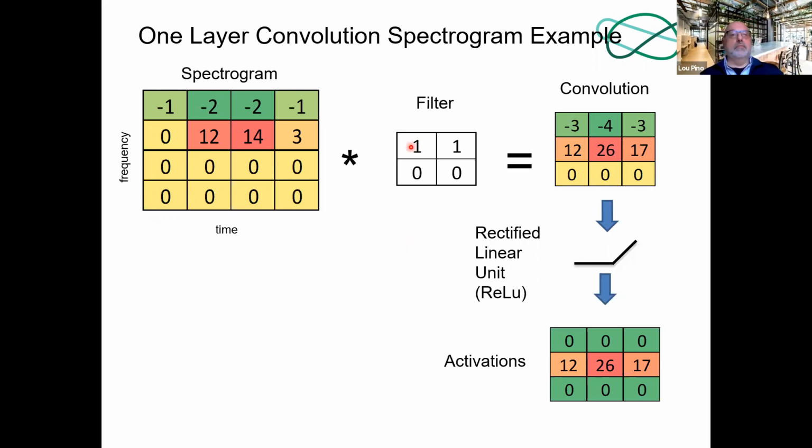What's done in convolution is I place the filter at the starting point, the top left corner. Then I multiply and add up the results. So -1 times 1 plus -2 times 1 plus 0 times 0 plus 12 times 0 equals -3.